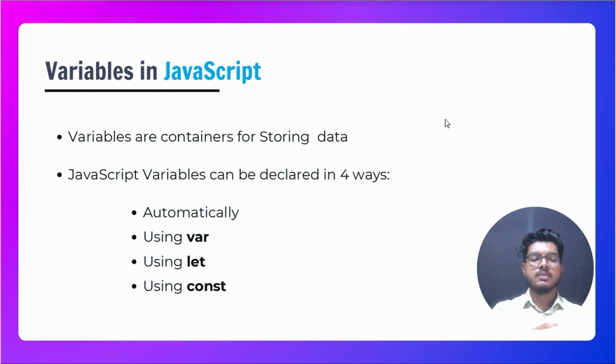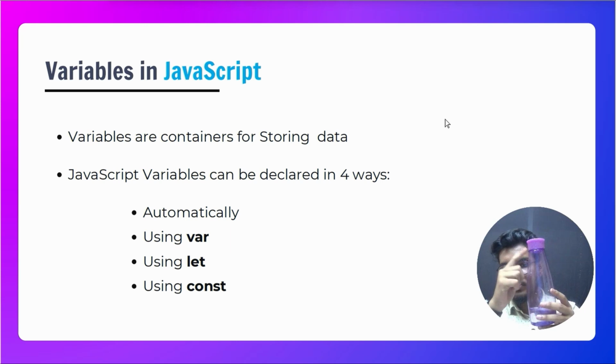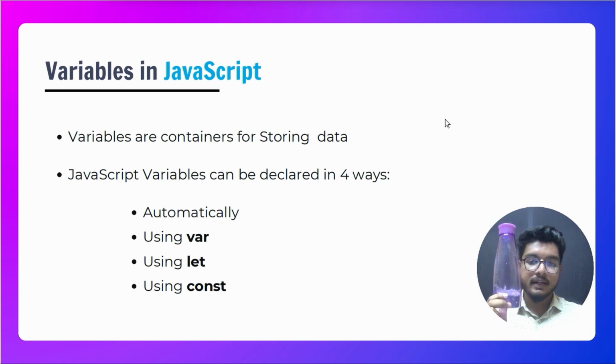So coming to the concept of variables, a fundamental concept again. Variables are containers for storing data. For example, you have this water bottle. This water bottle is storing some water. In the same way, in programming, you need something to store your values, right? How can you store these values?